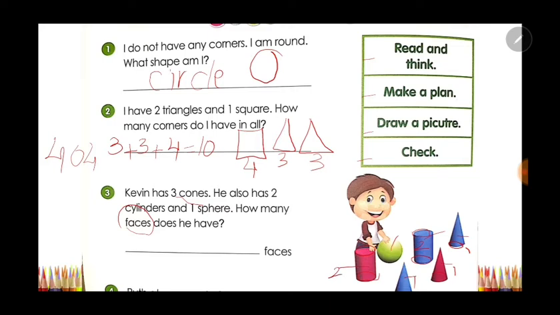So let's see the sphere. Does the sphere have any faces? For sure not. It's just a curved surface. So let's count together the faces. 1, 2, 3, 4, 5, 6, 7. Amazing. So 3 faces for 3 cones and 4 faces for 2 cylinders. 3 and 4 will be 7. Excellent.